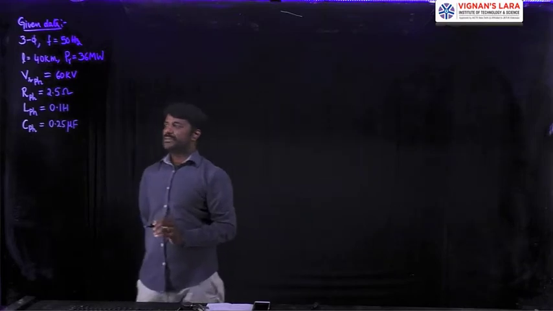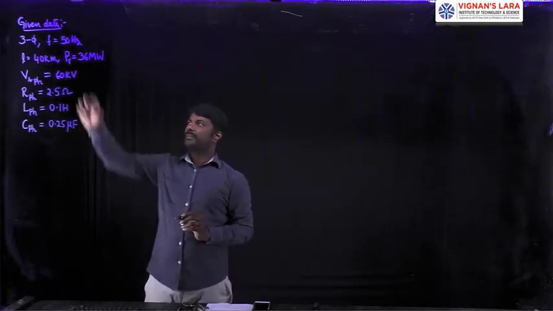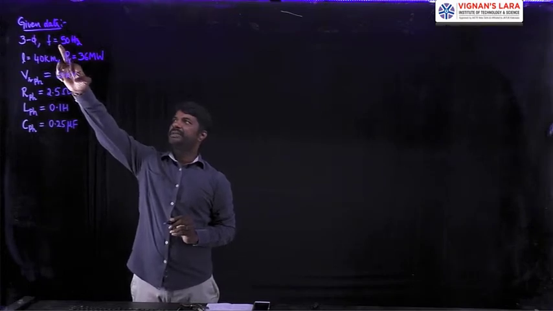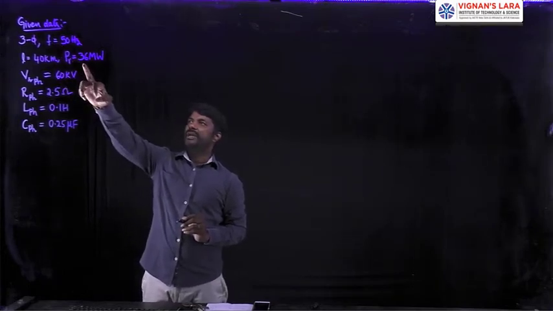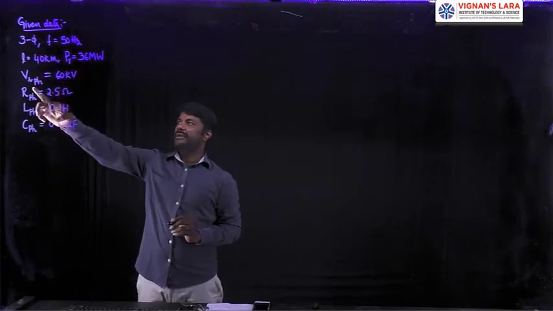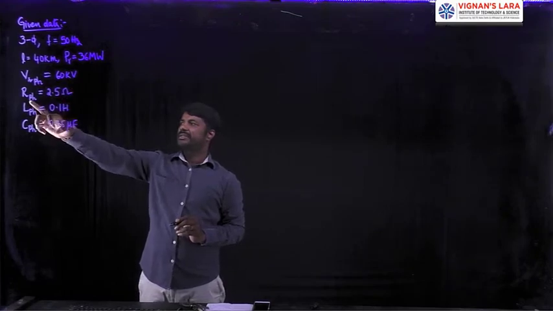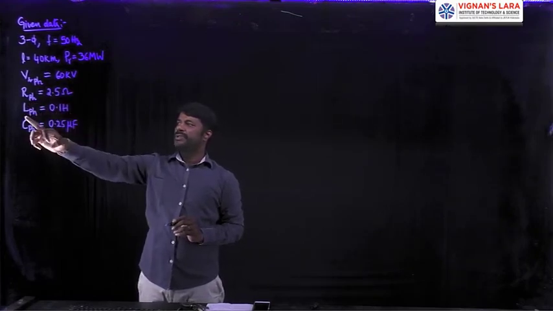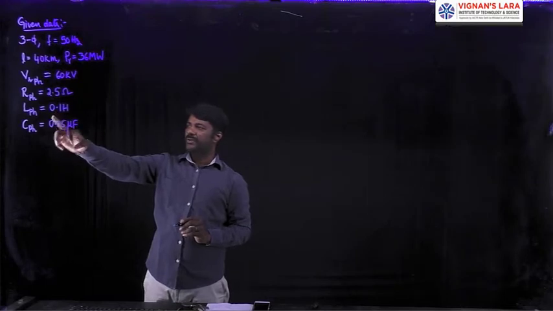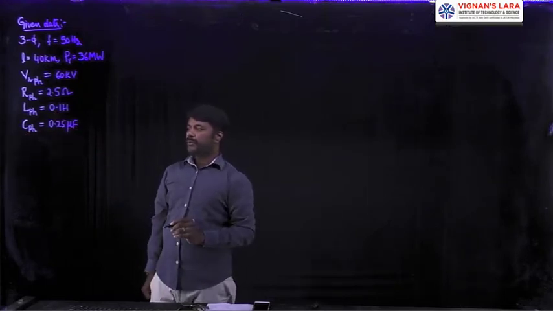These are the transmission line constants they have given for a three-phase system which is operating for a frequency of 50 Hz, and it is delivering a power of 36 megawatts. The length of the line is 40 kilometers, and the voltage per phase is 60 kV. The resistance per phase is 2.5 ohms, inductance value per phase is 0.1 Henry, and capacitance is 0.25 microfarad.